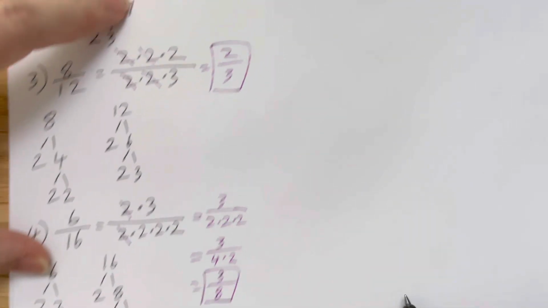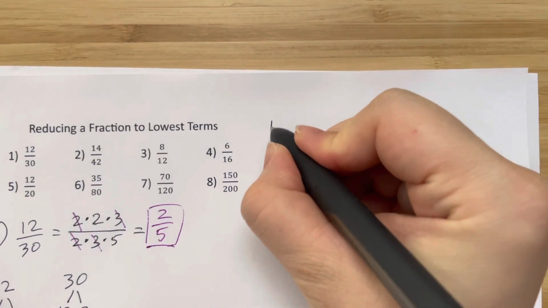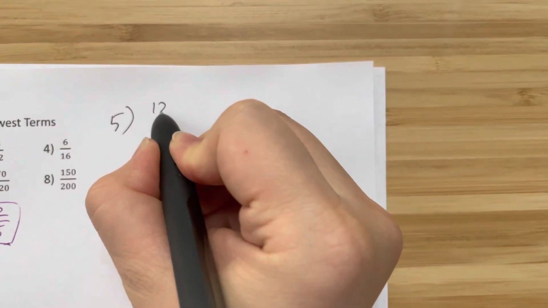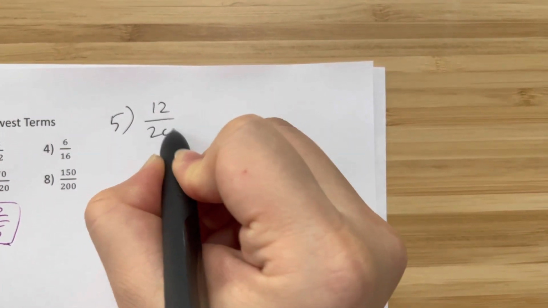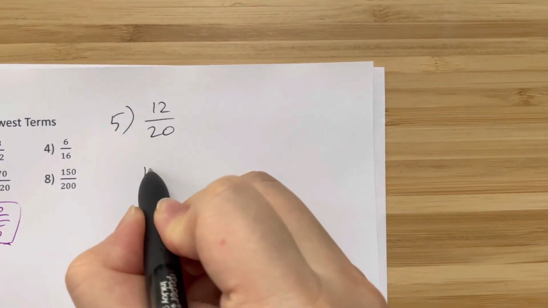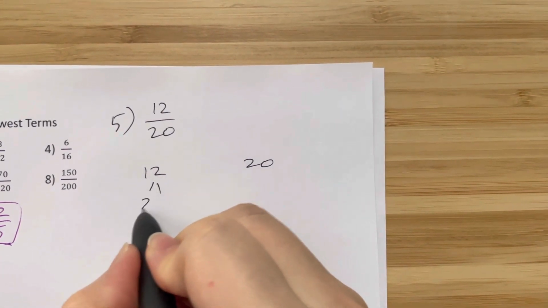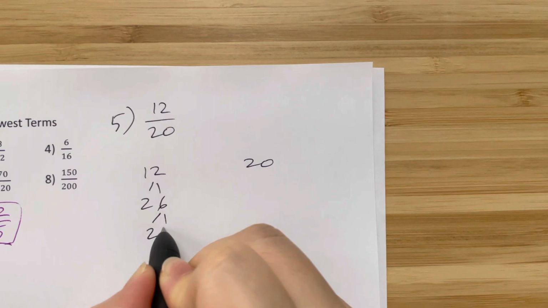Okay, so number 5. We have a 12 times 20. A 12 is a 2 and a 6, and a 2 and a 3.